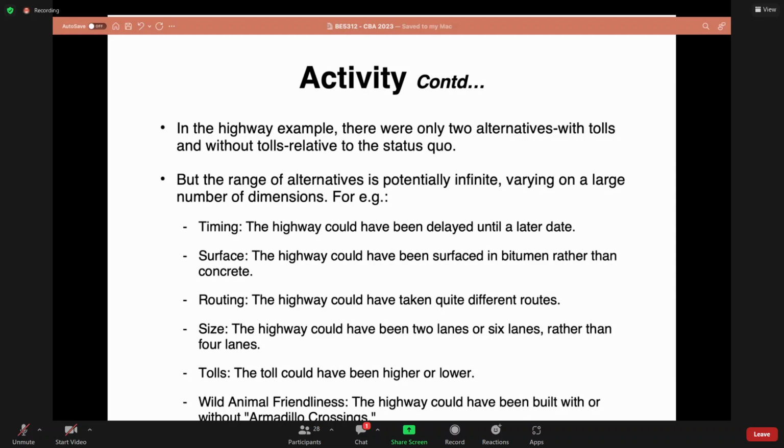I think here in Sri Lanka also, originally for expressways, the proposal was supposed to be for 6 lanes, and it was taken down. So there are different alternatives. The amount of toll can be different. So there can be, say, millions of different alternatives if you consider all those things.